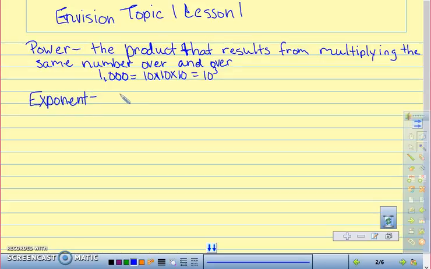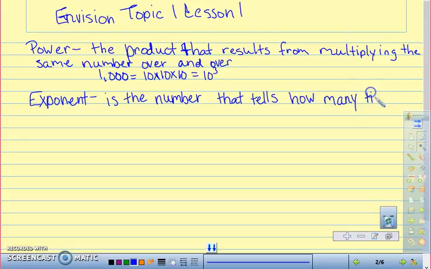So an exponent is the number that tells how many times a base number is used as a factor.